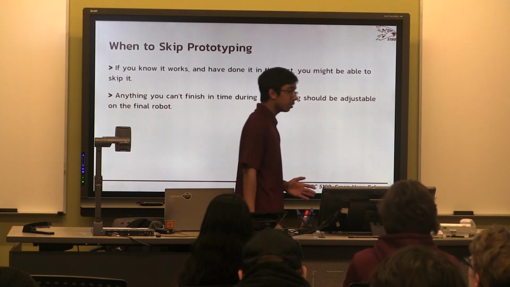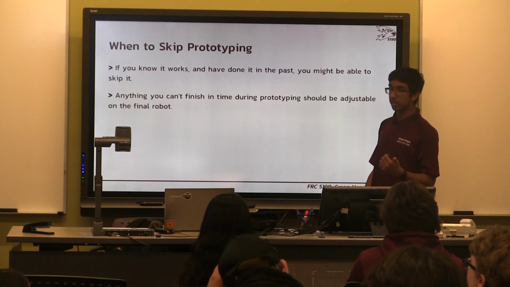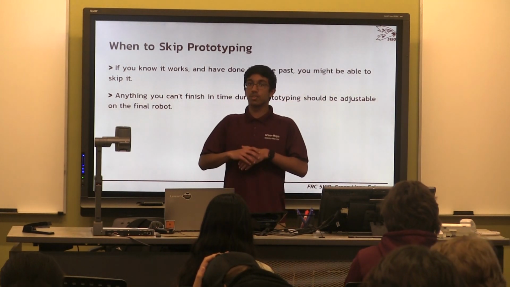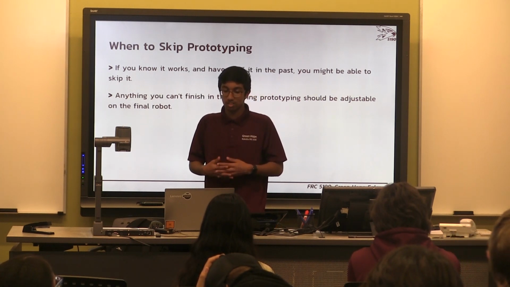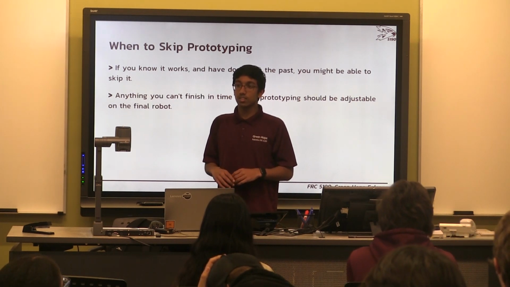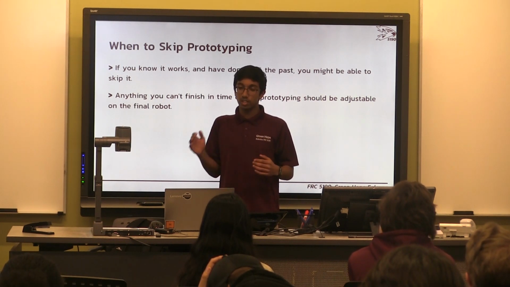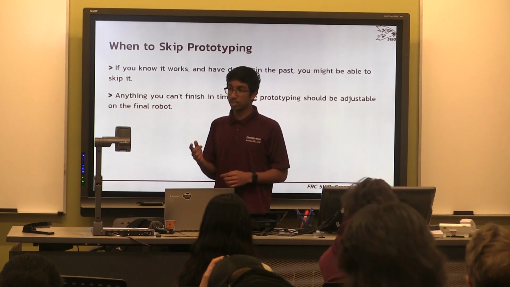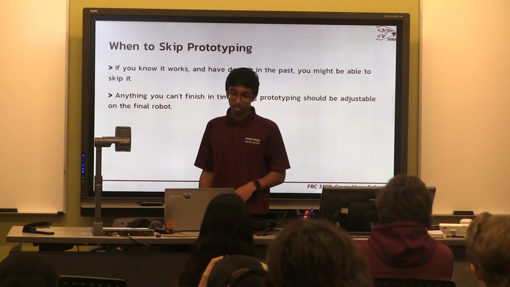And sometimes you might want to skip prototyping as well. Mechanisms like drivetrains, we don't have to prototype. And mechanisms like elevators and arms, they're so large that if you try to prototype them, you'll end up wasting more money and materials. Those are things you want to CAD first, and then you might want to build two versions: one practice bot version and one race robot version, which is slightly different to be a bit more efficient.